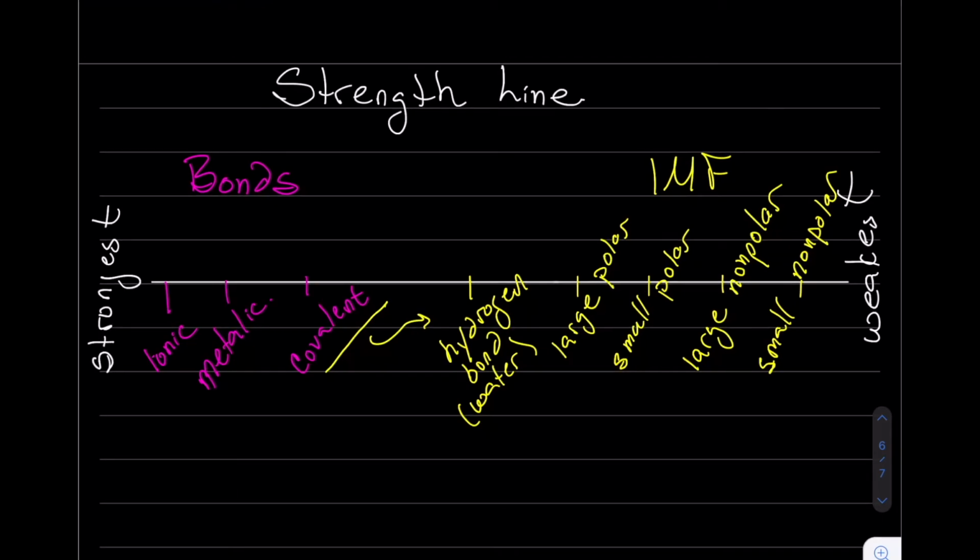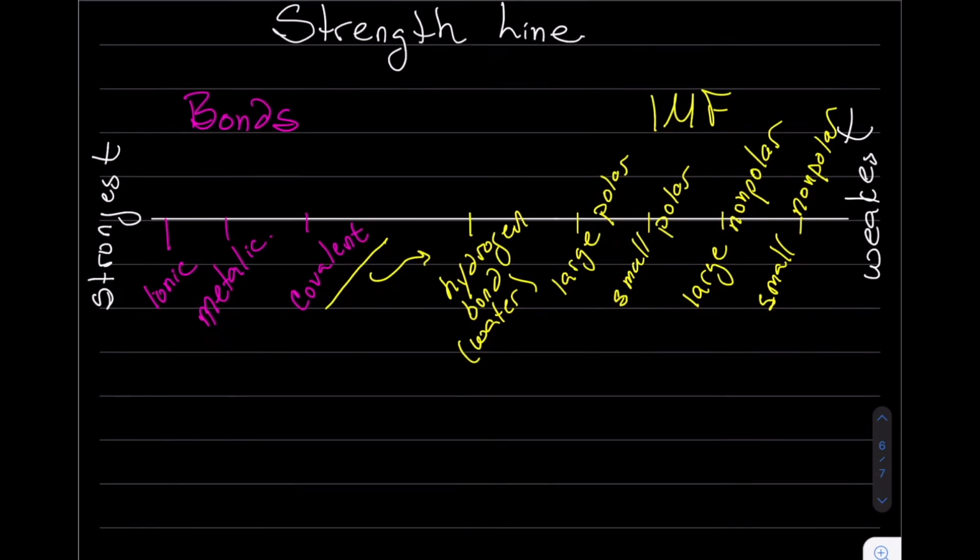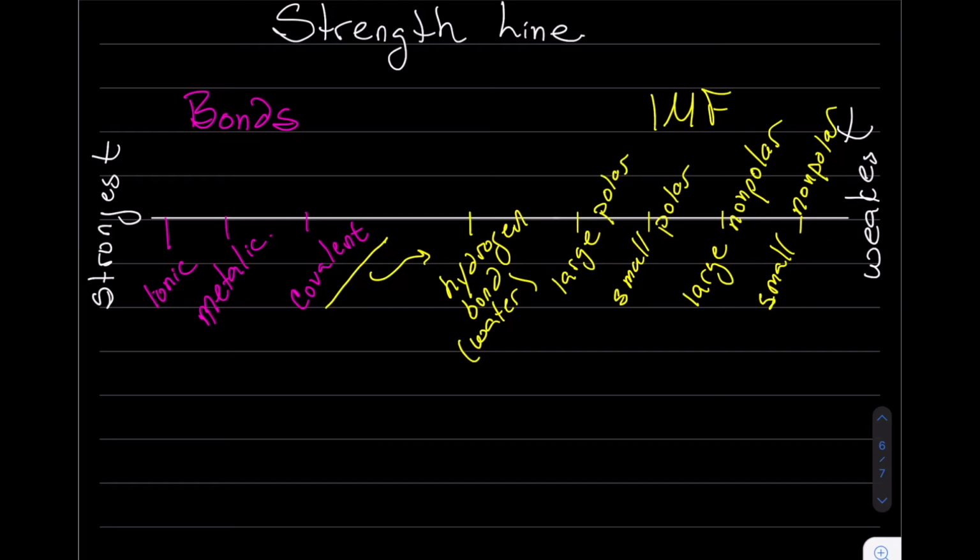Let's fit in our characteristics as well in our number line. So on the left, what are the characteristics of something that's strong, whether we're talking stronger IMF, stronger bonds, either way.